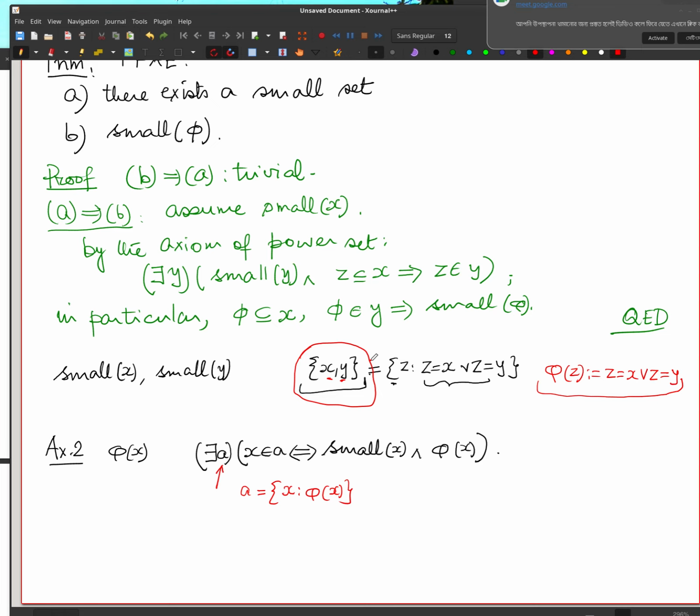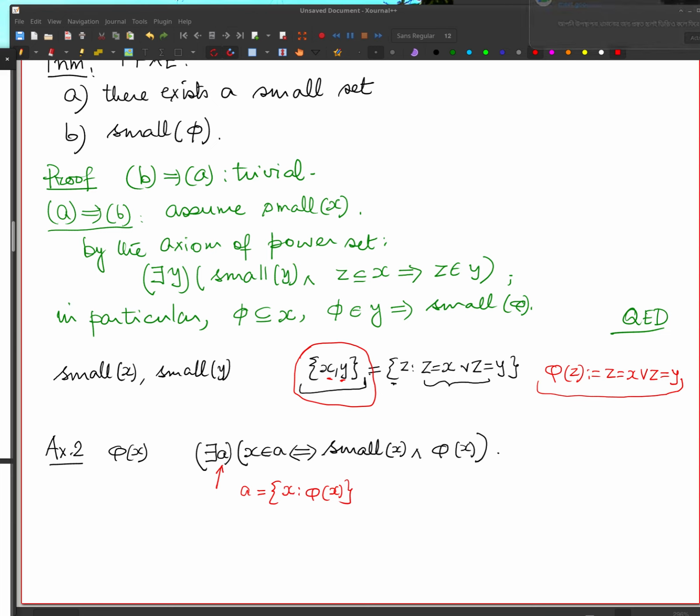But how do we prove this then? Well, let's try and think. We want a set, such that, so what is the problem?